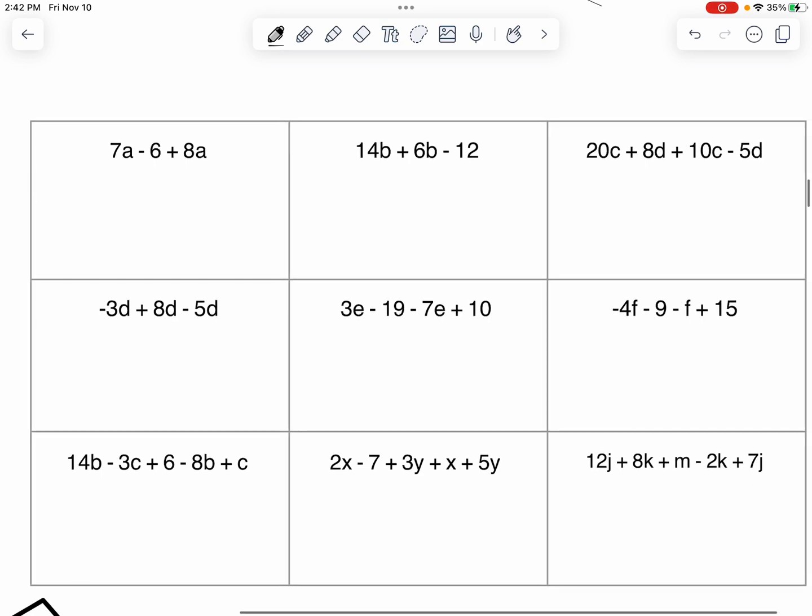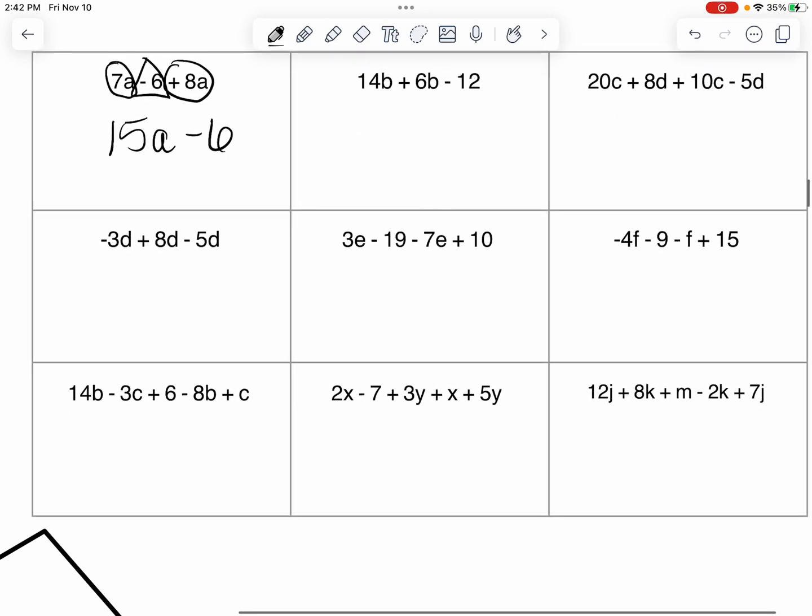So remember, we're going to use a symbol to group the like terms. So I'm going to have 7a plus 8a, and I'm just going to put a triangle around negative 6. So I have 15a minus 6. There we go. And then I'm going to have, here we go.